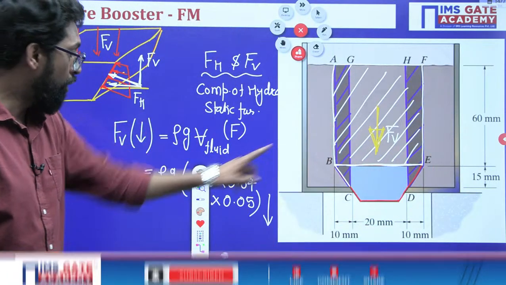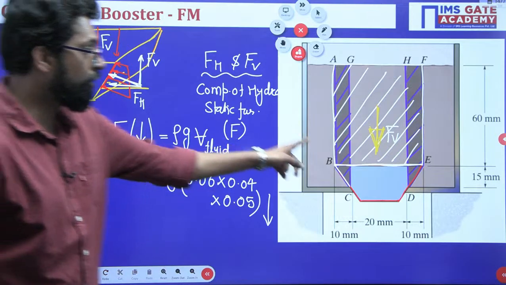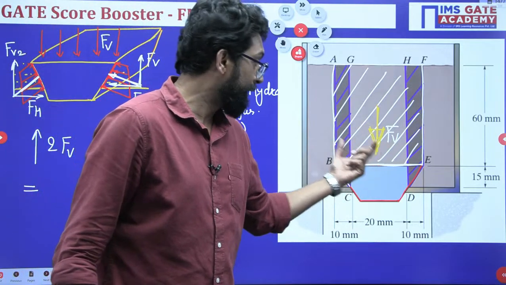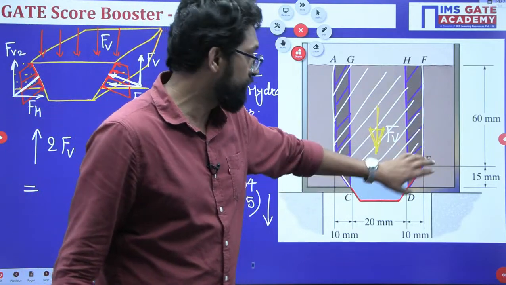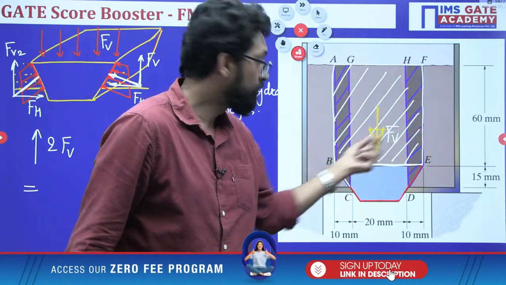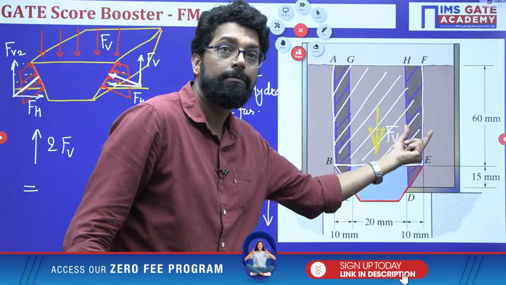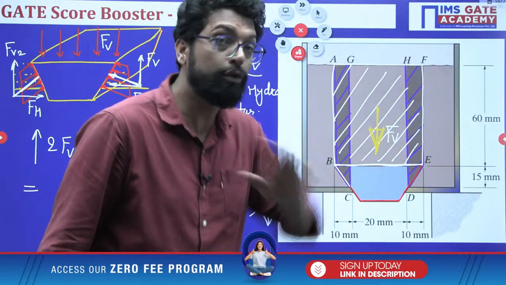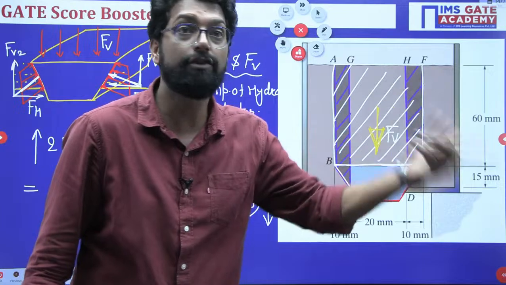So what is the volume of this one? It is 2 into the area of the trapezium. Two symmetric trapeziums are there. So 2 into the area of this trapezium into the perpendicular length is the volume.